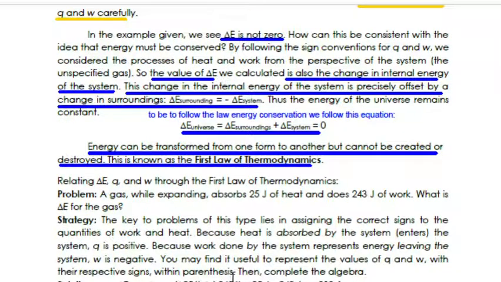The next example is another application of delta E is equal to Q plus W. Again, please take note of the directions of the heat and work.